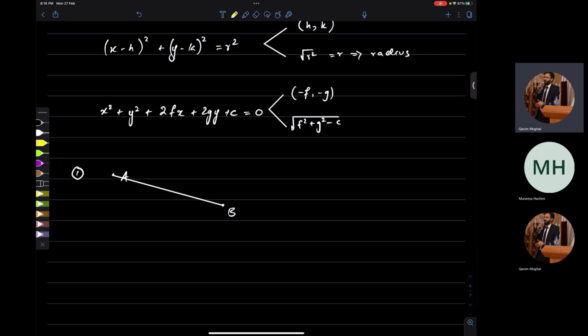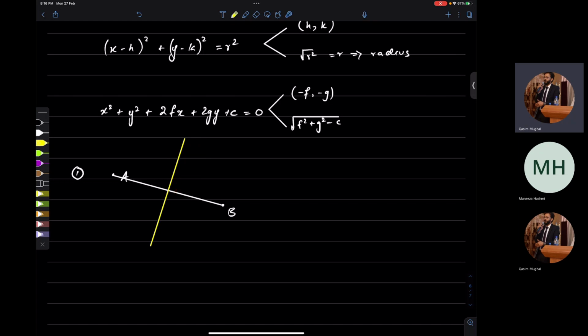The perpendicular bisector is the line passing through the midpoint of A and B. That's not exactly the midpoint, so let me pull it down towards the left. Yeah, and it would be at 90 degrees to AB.